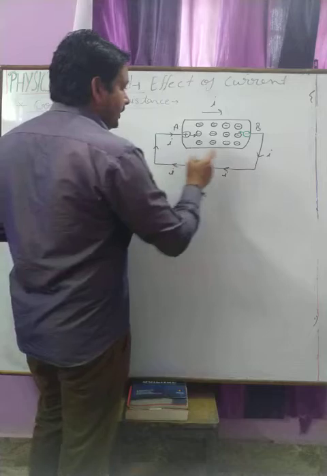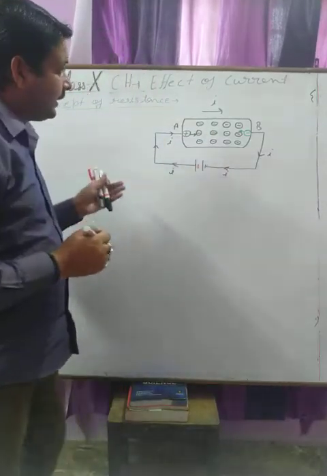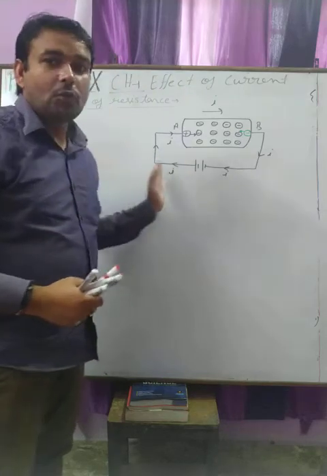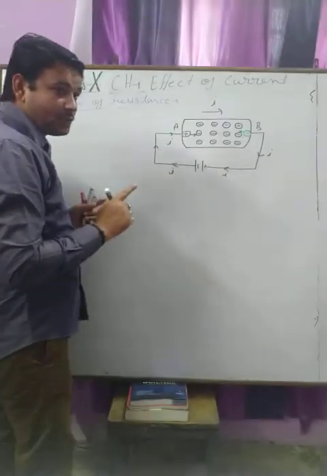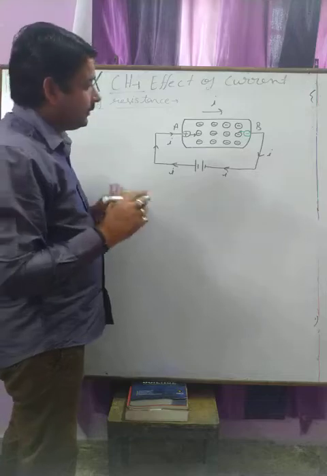Due to this collision, the flow of current slows down, which gives rise to a condition of obstruction.